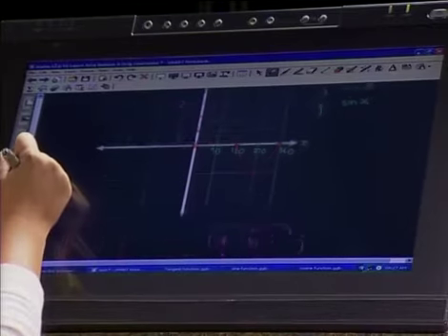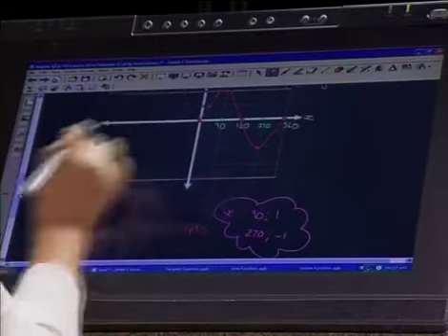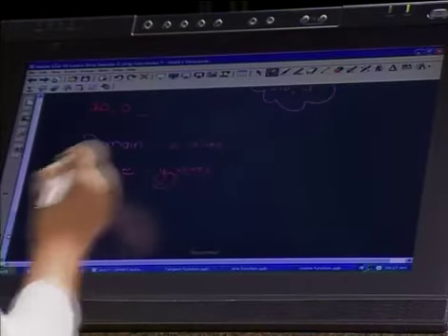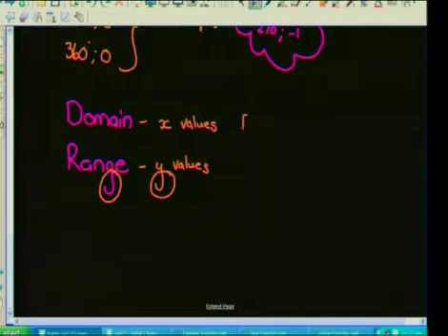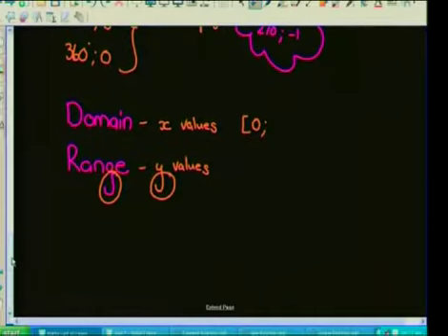So the way in which you would write your domain for this particular function, we start at 0 and it is included. I'm going to do this in interval notation. So I'd start with my square bracket. And my x values continue all the way to 360, and that's where it ends. And 360 is included, so I could write 360 degrees.